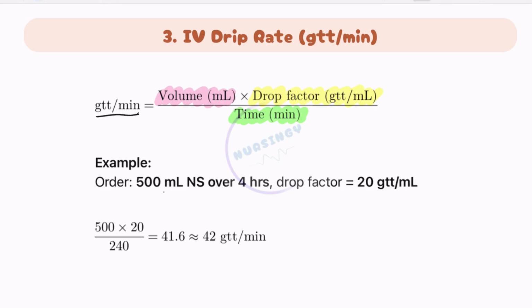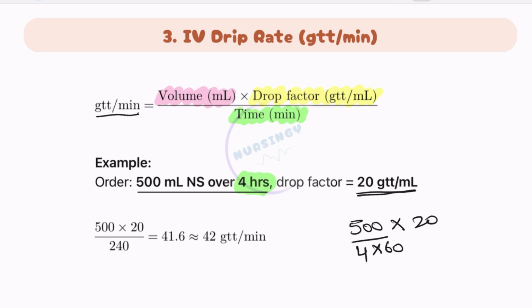The order is 500 ml normal saline over 4 hours. So we have volume 500, divided by 4 hours, and times it by the drop factor, which is 20 GTT. Now our time is in hours, so we need to convert it to minutes, so we multiply by 60.